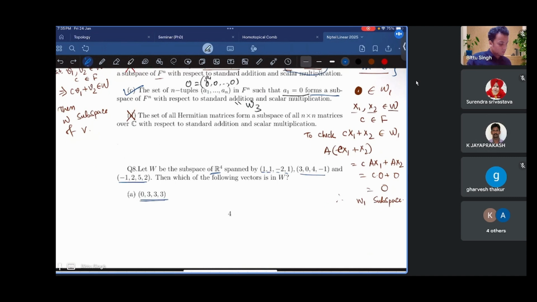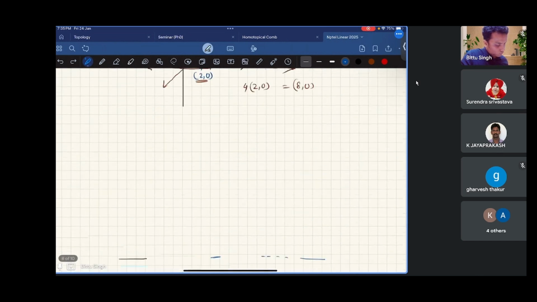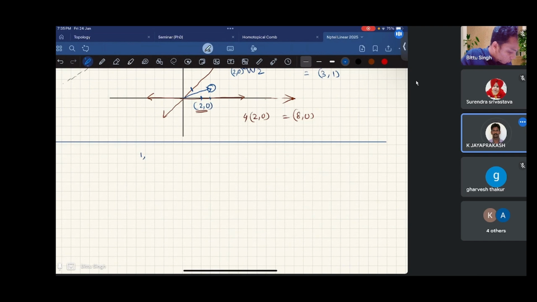So let us write this question. One vector is 1, 1, minus 2, 1. Suppose this is W1.